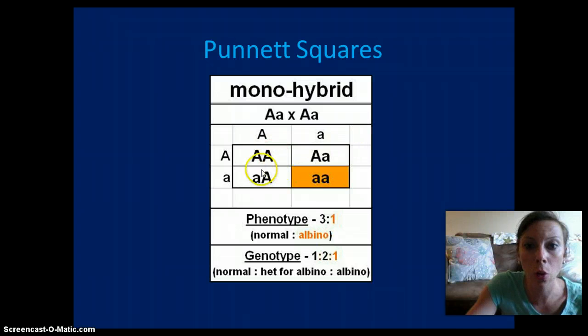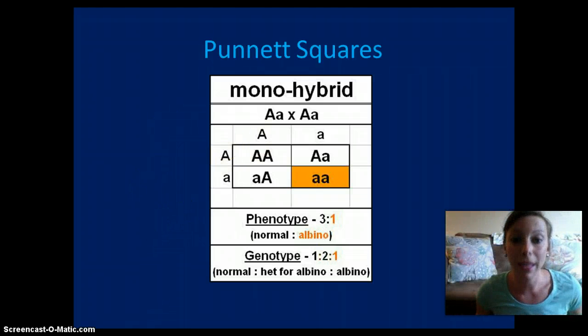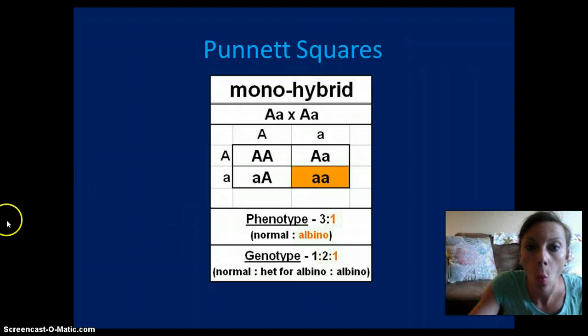We have 1, 2, 3 normal genes, and we have one recessive gene that is going to be the albino trait. So the dominant offspring do not have albinism, and the recessive do. The genotypic ratio is 1 homozygous dominant to 2 heterozygote to 1 recessive. So normal, carriers, and albino.